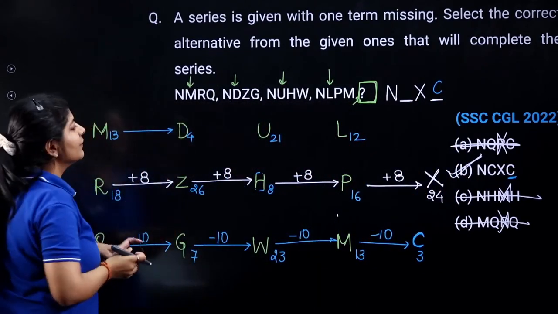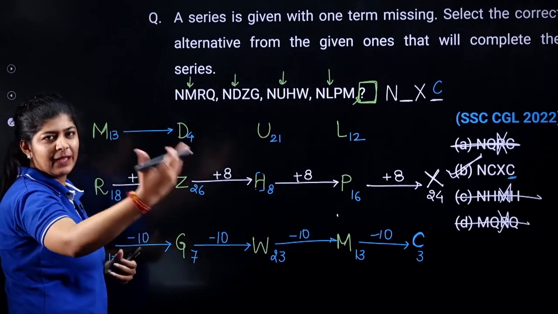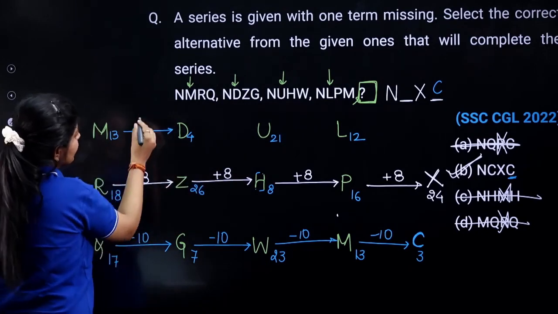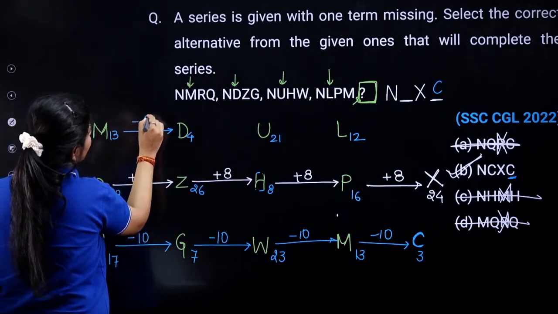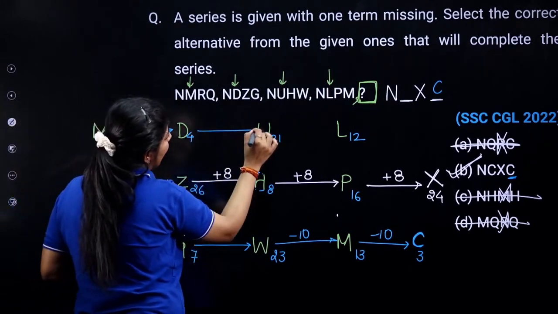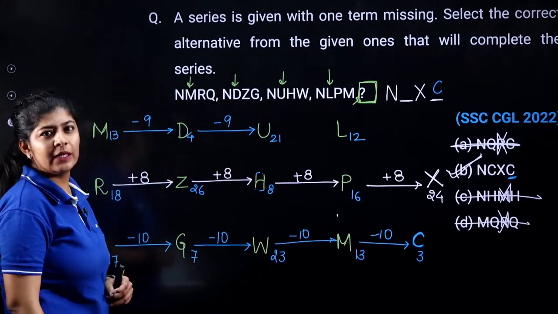If I need to convert this one, we can go in either way. We can go with plus or with subtraction. So, if I subtract 9 from this one, we are getting 4, right? Again, if I subtract 9 from this one, we are getting 21.